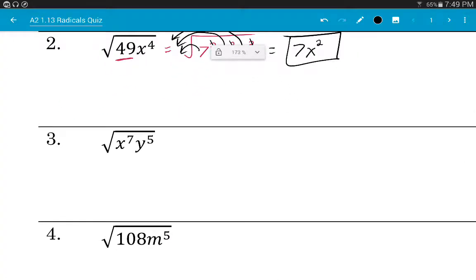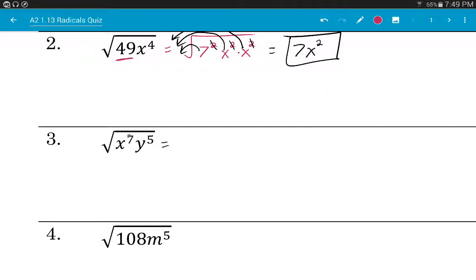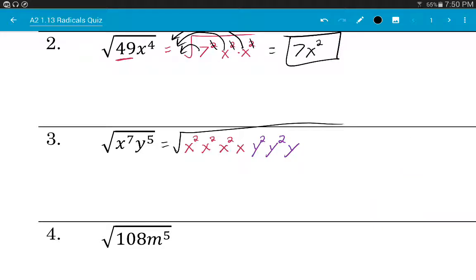Number 3. I want to break these up into squares so that they can come out, because only 2's will work, not 7's or 5's. So x squared, x squared, x squared, x, that's 7 x's. And y squared, y squared, y, that's 5 y's, all underneath the square root. And everybody with a square is going to be allowed to come out.